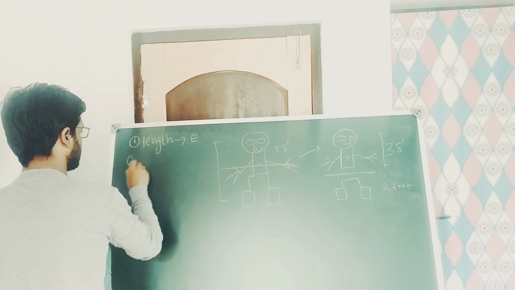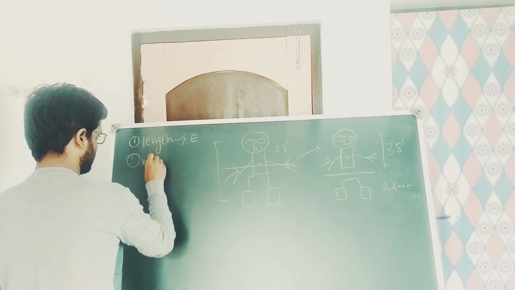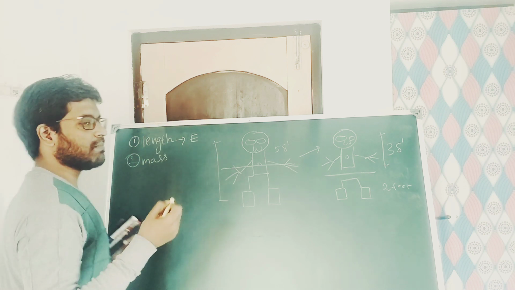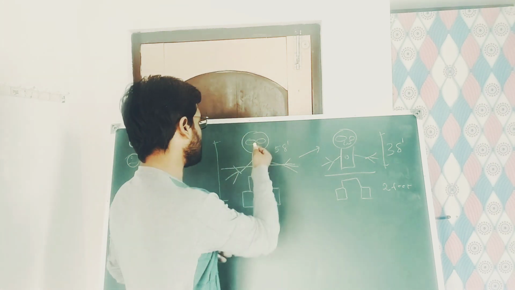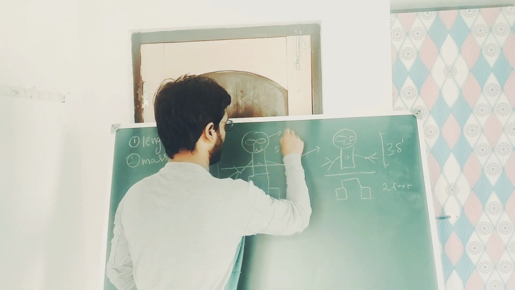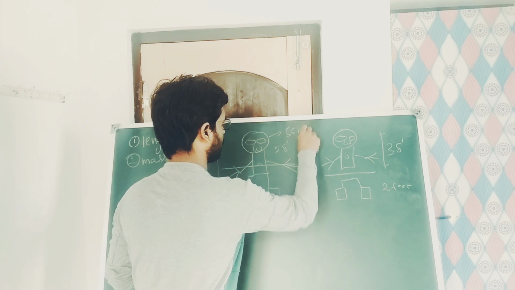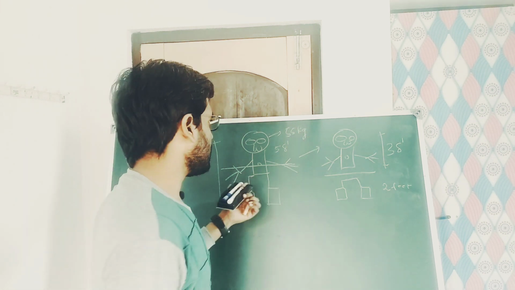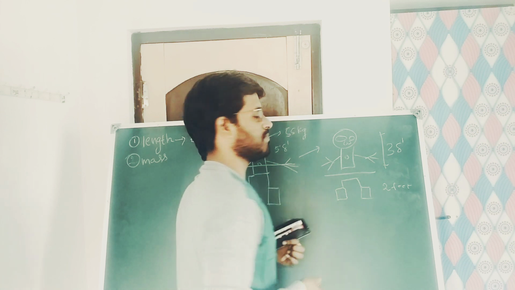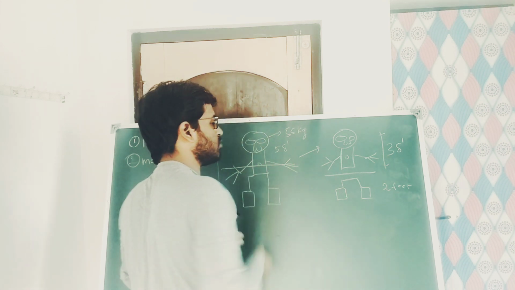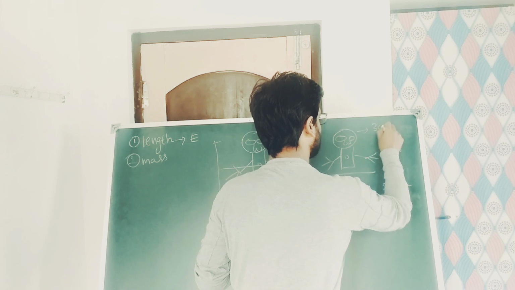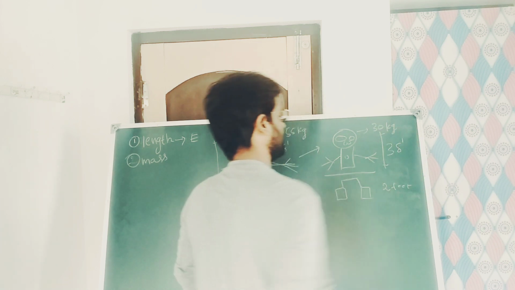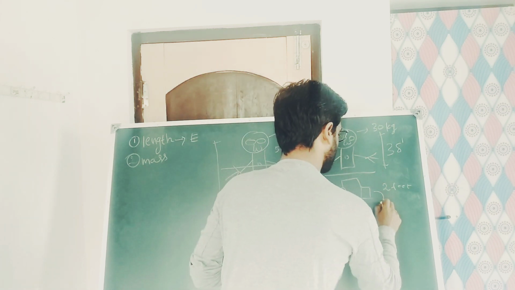Next, mass. What about the mass? If you take the mass of this person, 55 kgs initially, suppose. After bisection, after dividing this person into two parts, now this part has, let's say, 30 kgs, and this part has 25 kgs.